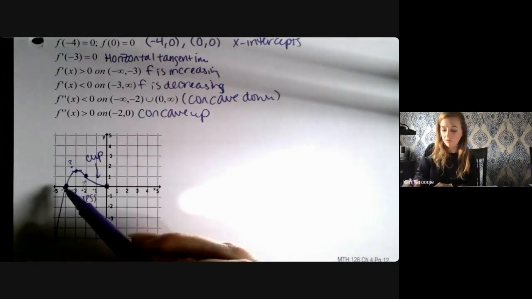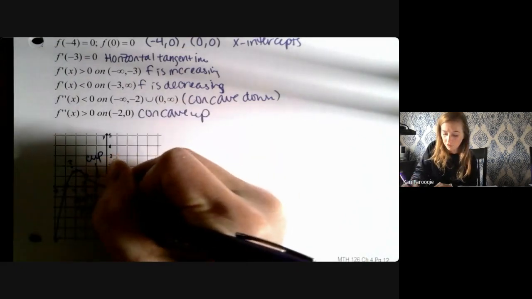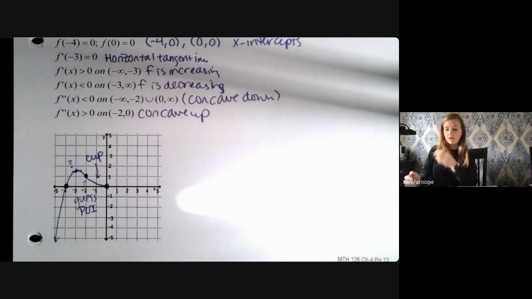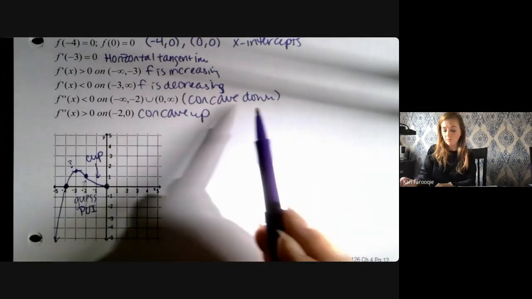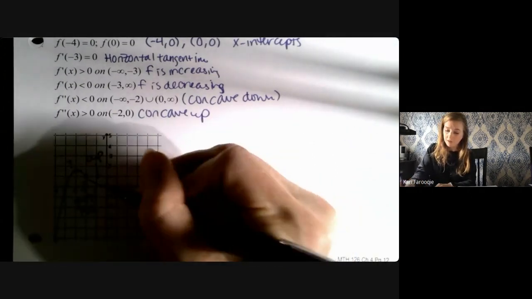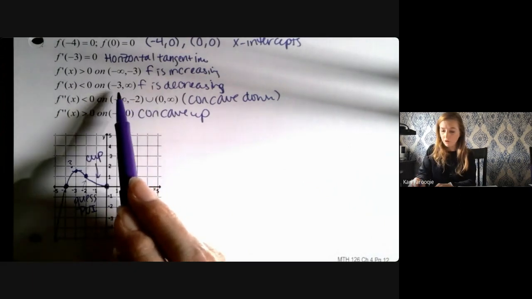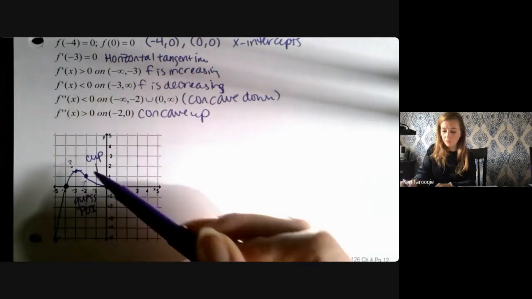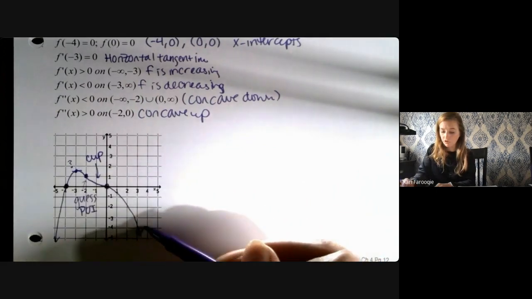Okay, so concave down, it switches. This is your POI, point of inflection. And then it changes its concavity. It becomes concave up. And then all the way from 0 to infinity, it's going to be concave down again. And we also know that it's decreasing from -3 to infinity, which we have. So it's just that the concavity is going to change.